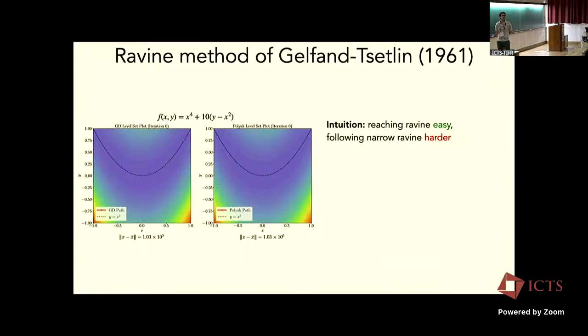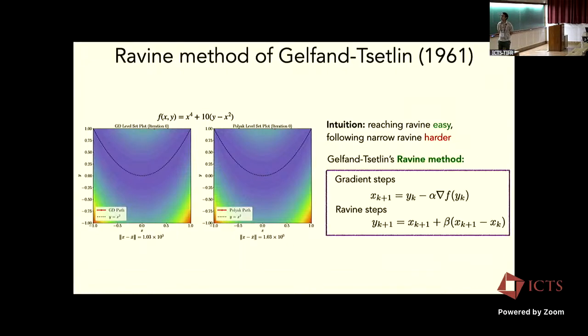The first place that I saw this written about was in a paper by Boris Polyak. And he wrote down the ravine method in this form. Okay. So what does the ravine method do? Well, it alternates between gradient steps, let's say we do one gradient step, and what's called a ravine step. What's the idea here?